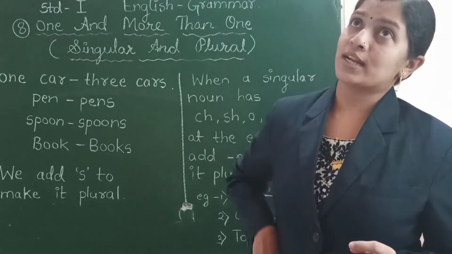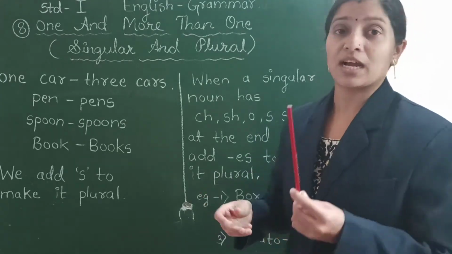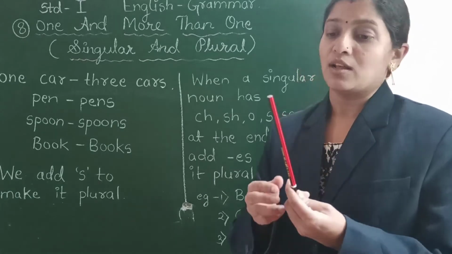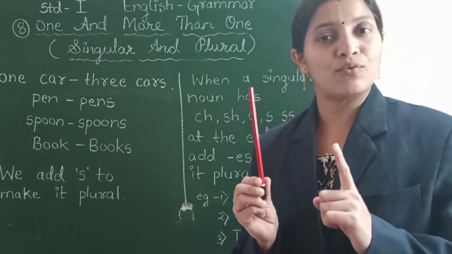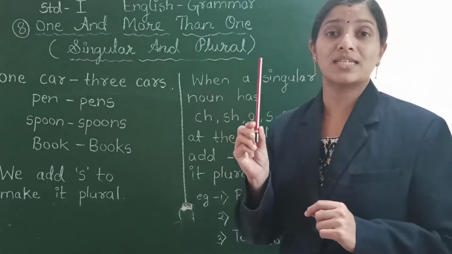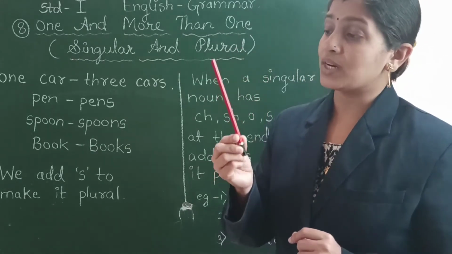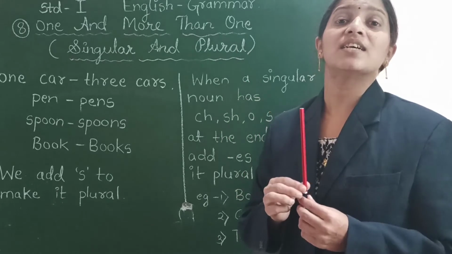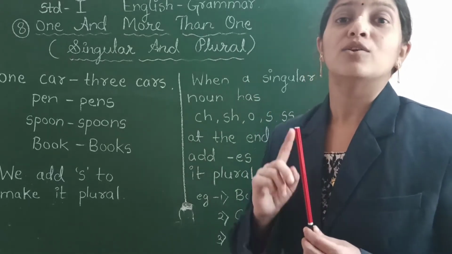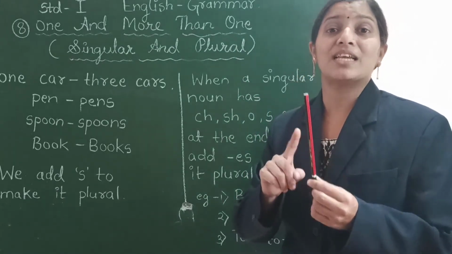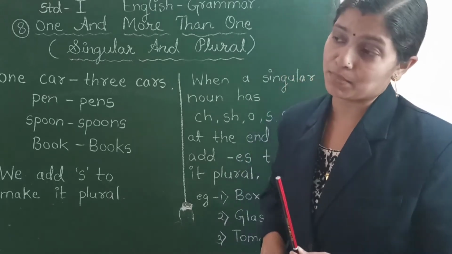For example, suppose I am speaking about this pencil. I have only one in number. So this is a pencil. What is it? Pencil. So the word pencil is a singular noun which shows that the pencil is one in number.